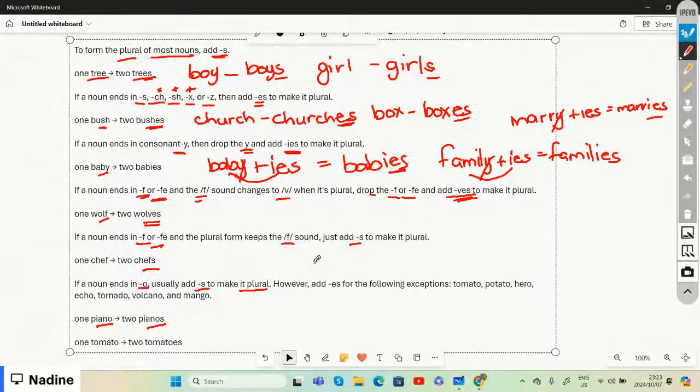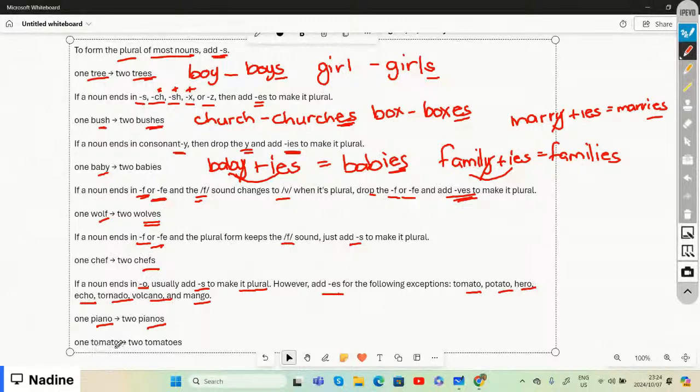But now we can add ES for the following exceptional words, which are tomato, potato, hero, echo, tornado, volcano, and mango. Once we hear those words, if we want to show the plural forms, then we need to add ES to those words, not just an S.